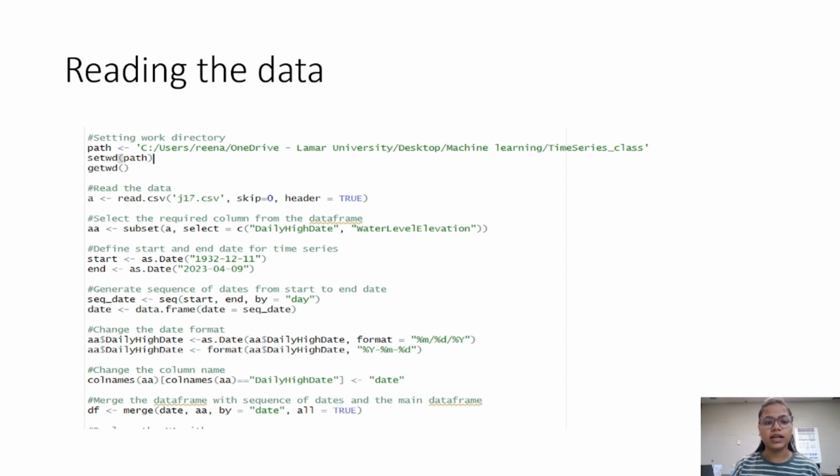Since the data did not have a time series of dates, I created a sequence of dates from the start to end date, then changed the date column of the data to date format and merged the two to convert it into a time series format.